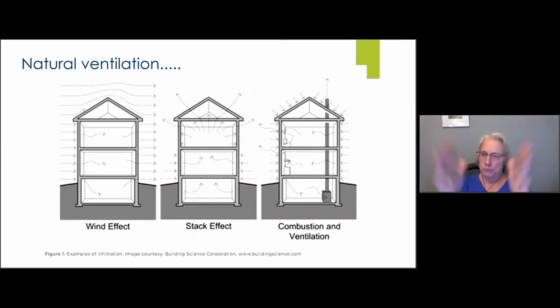As it warms, it rises, and it's basically the same principle as a chimney. Then once you start adding things inside a building, such as a stove or a furnace or a fan or a heater, you get all sorts of ways that we can change how the air comes into, moves through, and out of a building. Next.